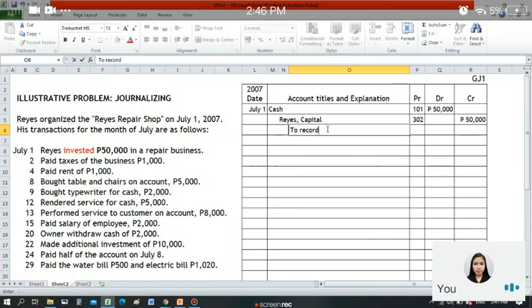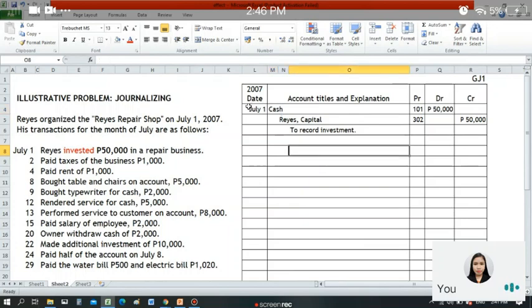Or in short, since investment, to record investment. So your explanation must explain or supply what happened in the transaction. Meaning to record investment. Meaning there's a capital and either cash or another asset or fixed asset na in-invest.